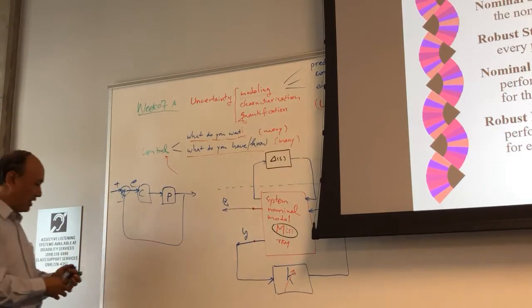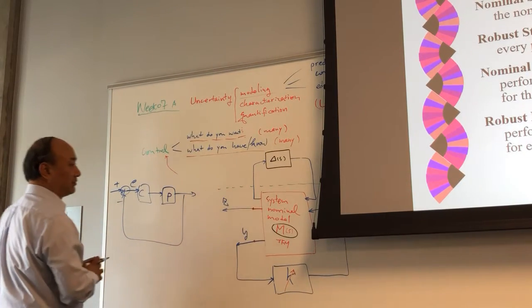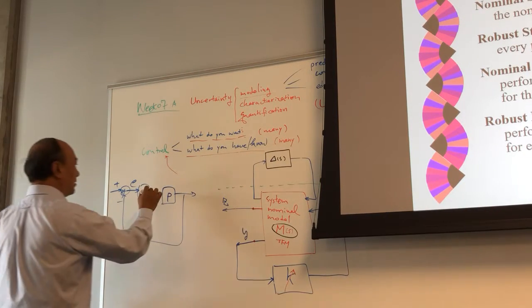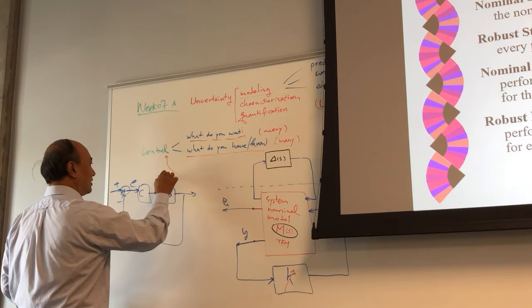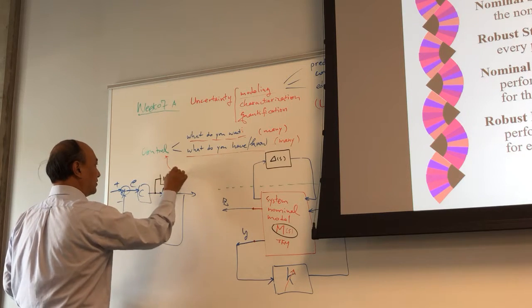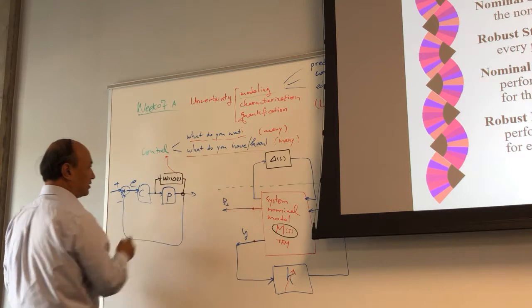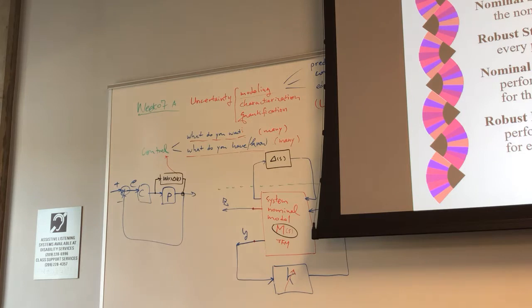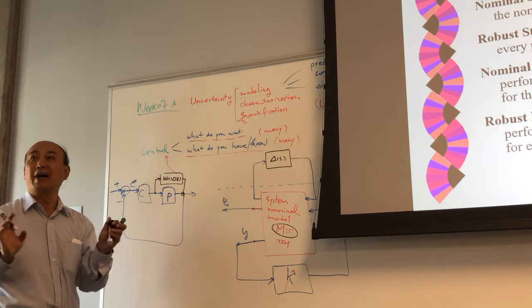So when I say I have uncertainties in this case, that means I have something like this. So I have a W delta S, I have something inside here. So this is my uncertainty, right? This is called not matched.